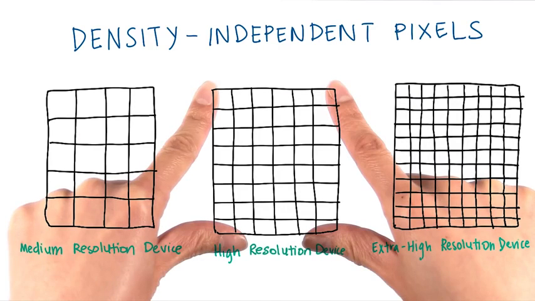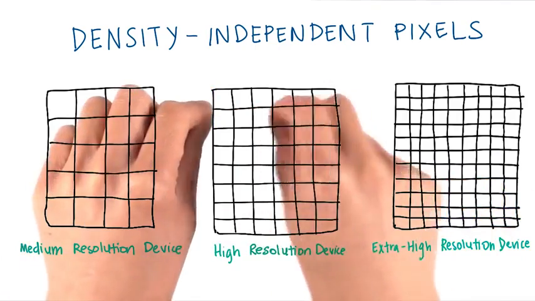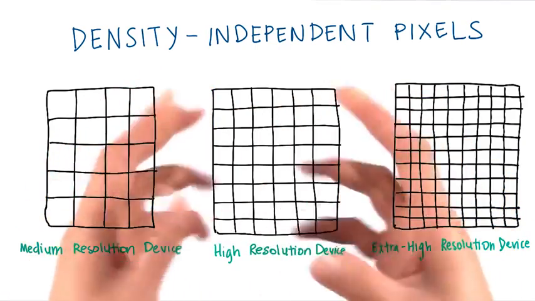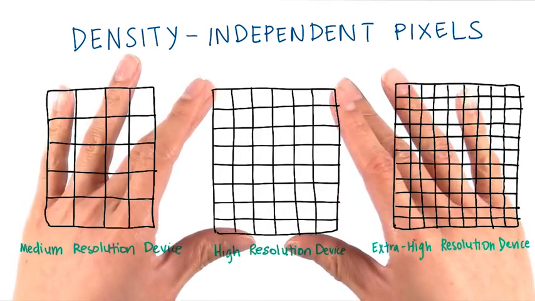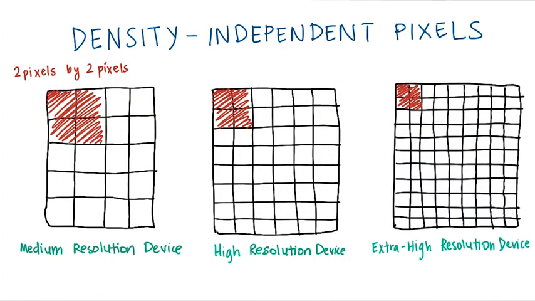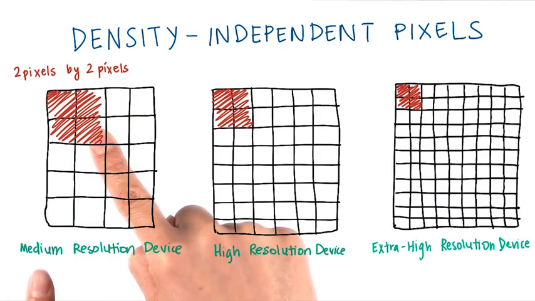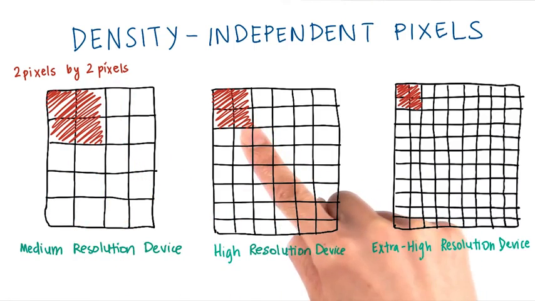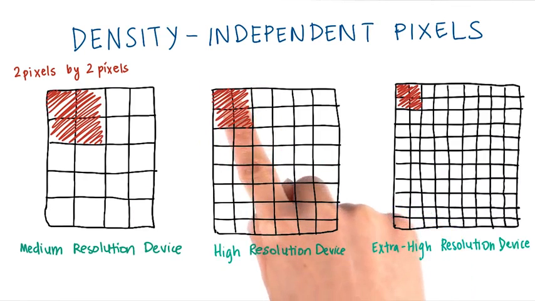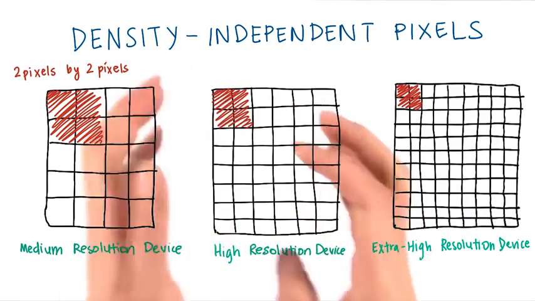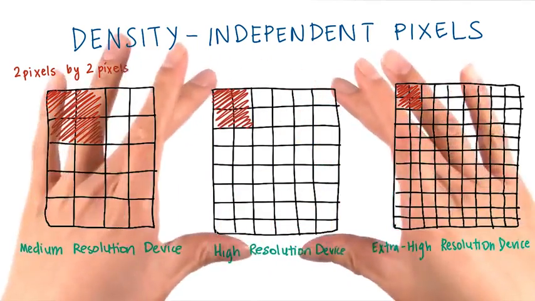When I say pixel, I mean a phone screen is made up of many tiny squares which are pixels, and they light up based on what you're looking at. So if I define the size of a view, for example a button, to be 2 pixels tall by 2 pixels wide, this is what it would look like on a medium resolution device. On a high resolution device, it would also be 2 pixels by 2 pixels, but it's a little bit smaller because there's a lot more pixels trying to be packed into this device.